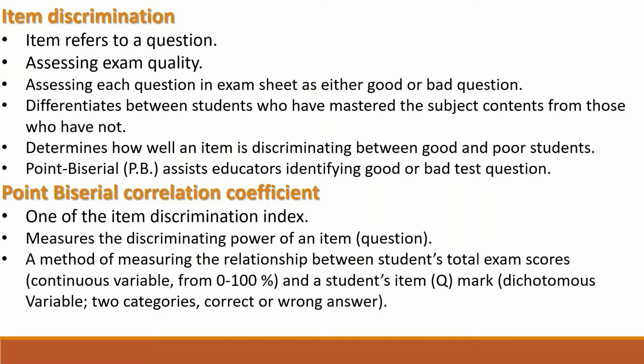It is a method of measuring the relationship between students' total exam scores, a continuous variable from 0 to 100, and students' item mark or score, a dichotomous variable. Dichotomous means two categories, correct or wrong answer.